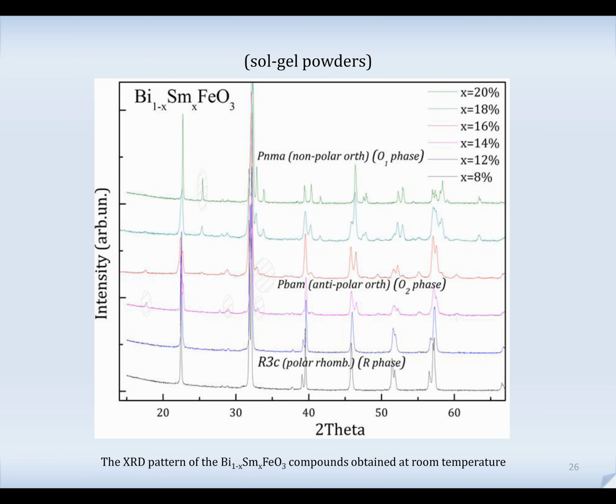This is interesting, and I think it's caused by the nanoscale particles we produce during sol-gel synthesis. The particles are about 100 nanometers in size. And for solid state reaction synthesis, we have a few microns average particle size. So it's a matter of synthesis procedure, I mean the phase boundary range.